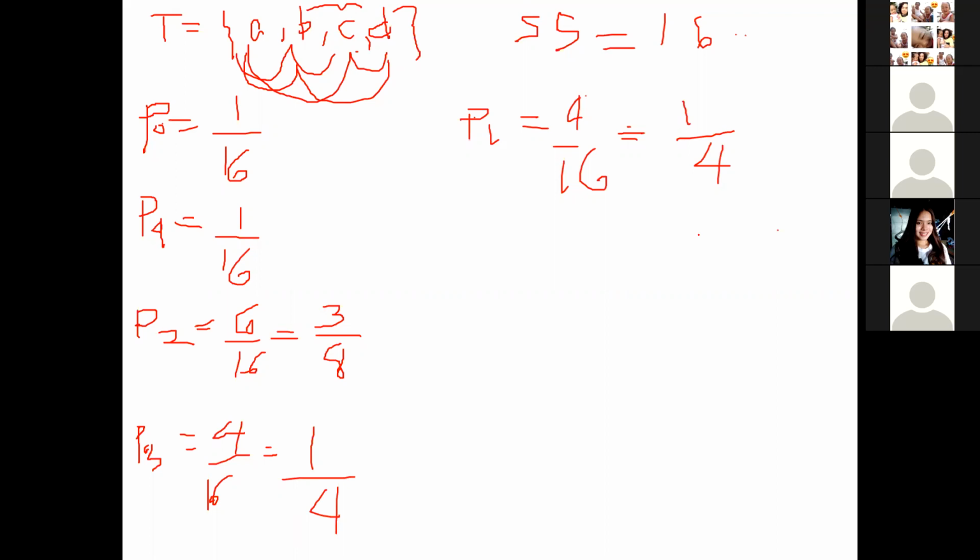Wala namang negative dyan eh. Yes po. Kapag mataas ang denominator kesa sa numerator, definitely less than 1 yan, sa rule of decimal and fraction. Ngayon, kapag in-add ko lahat yan, tingnan niyo lang yung mga may denominator na 16. Ano ba ang total?